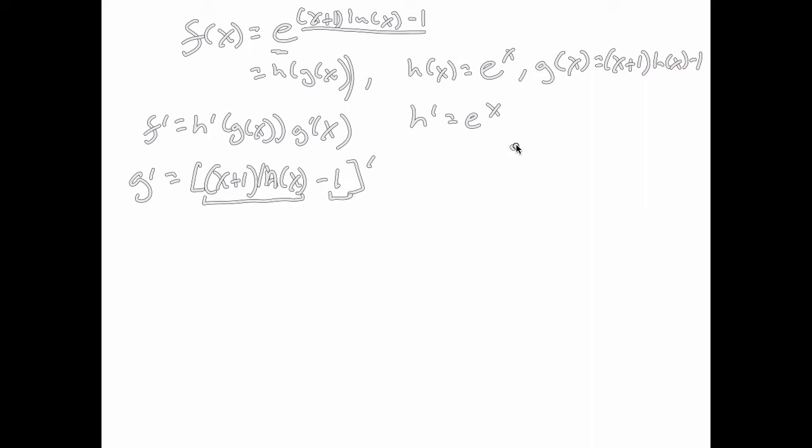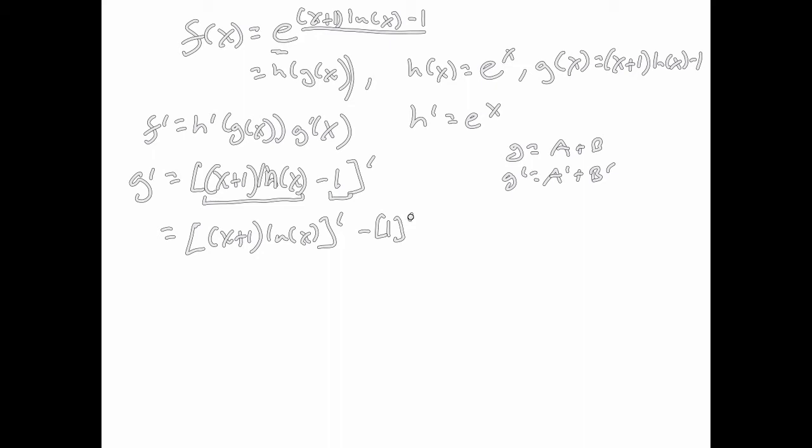Because recall, if g equals a plus b, then g prime equals a prime plus b prime. So this thing is going to equal a derivative of that minus derivative of 1.